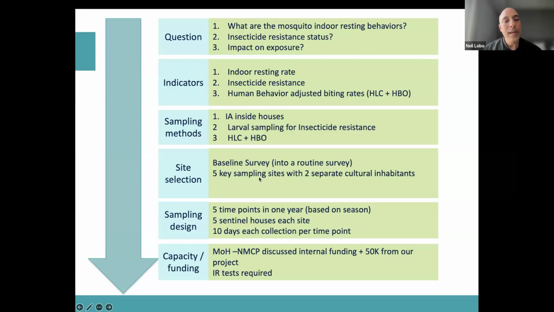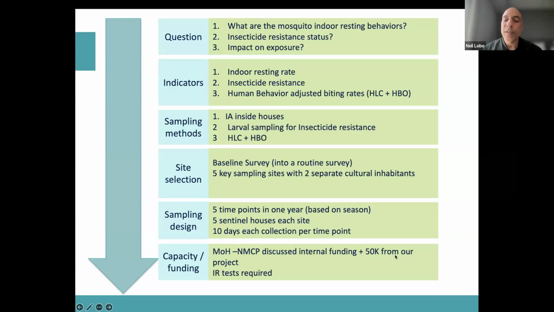In the same way as the previous bed net study, please note this was at the same sites. We did a baseline survey that turned into a routine survey. We had 5 key sampling sites with 2 separate cultural inhabitants. And as before, we wanted to do 5 time points, 5 sentinel houses each time, and 10 days per collection.